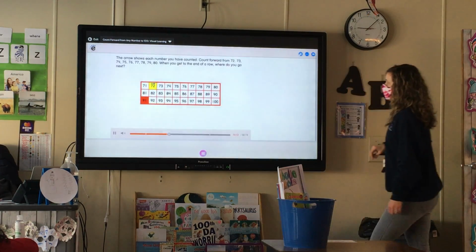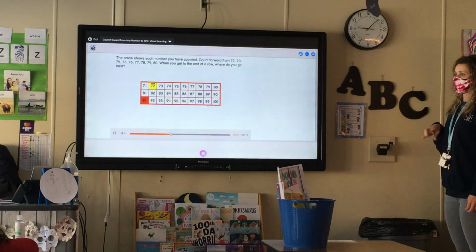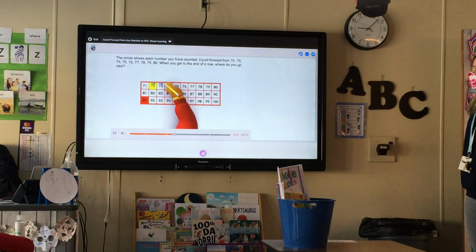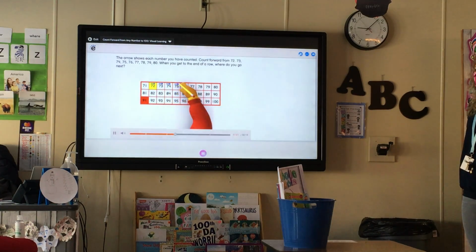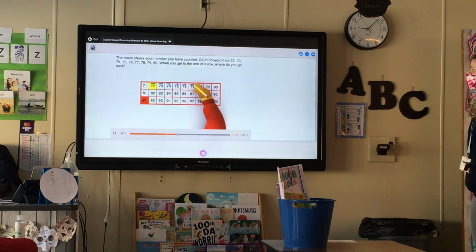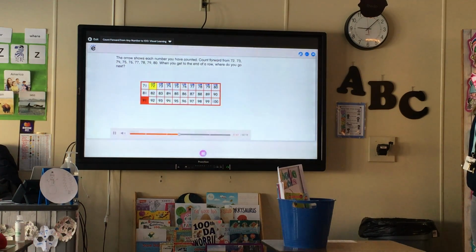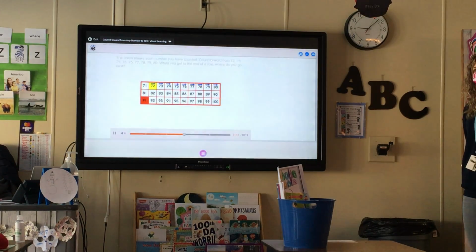The arrow shows each number you have counted. Count forward from 72, 73, 74, 75, 76, 77, 78, 79, 80. When you get to the end of a row, where do you go next? Where do you go after that, Valentina?